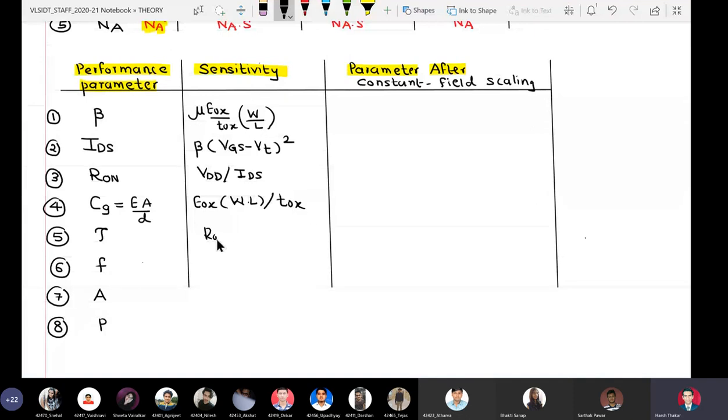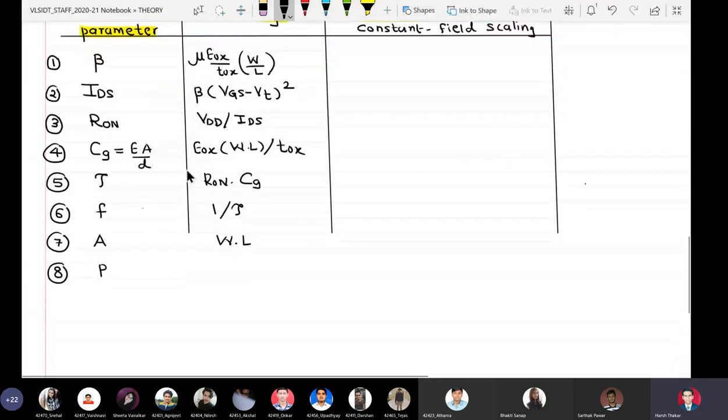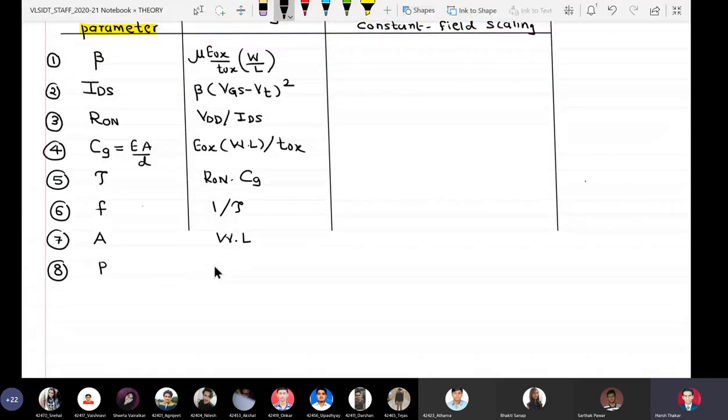Tau is R on into Cg. F is 1 over tau. Area is W into L. And my power dissipation is equal to Cg into VDD square into F. The third column we are going to fill after doing some calculations.